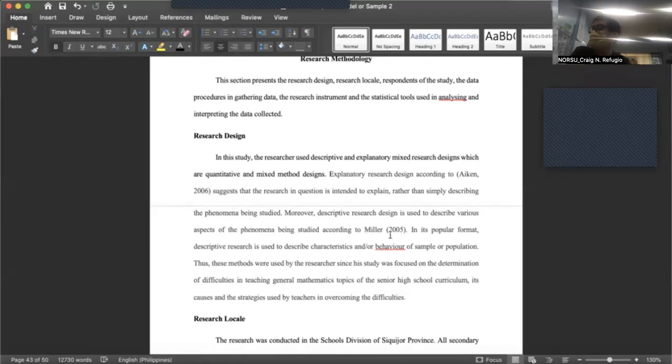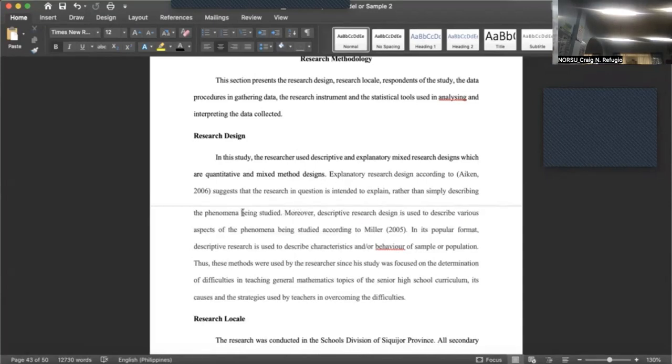Miller 2005, ICANN 2006. I want you to add another literature to back up why descriptive method is being used and to back up why explanatory mixed research design is being used.